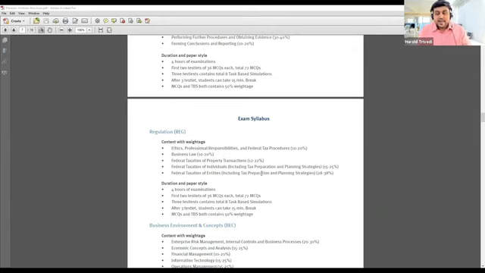After that, we have distributed REG into two parts: business taxation and business laws, and the second one is federal taxation. In business laws, there will be the contract agency act, bankruptcy act, and plenty of other small acts as well. In federal tax, there will be individual taxation, business taxation, trusts taxation, and some other small areas.